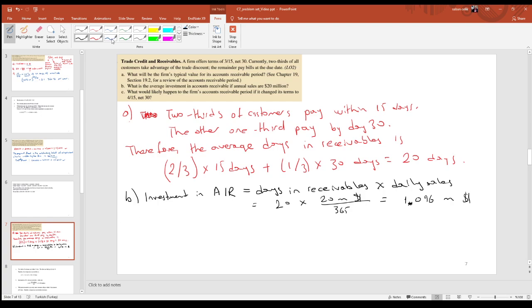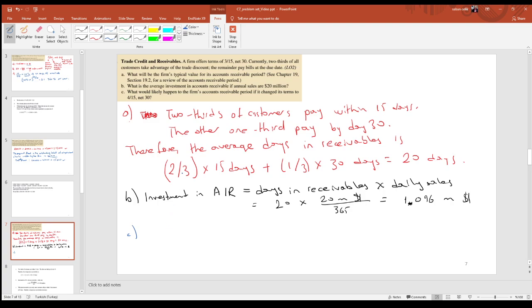So C. What would likely happen to the firm's account receivable period if it changed its terms to 4/15 net 30?